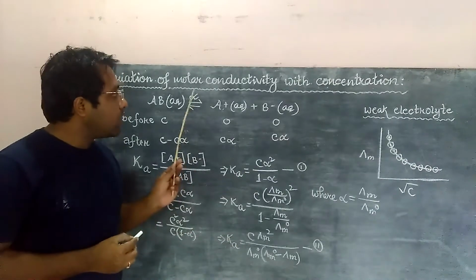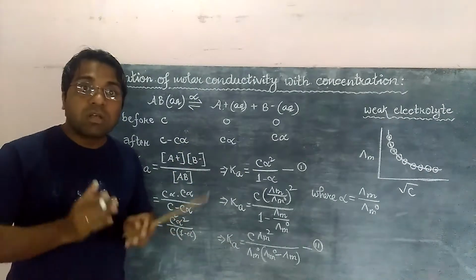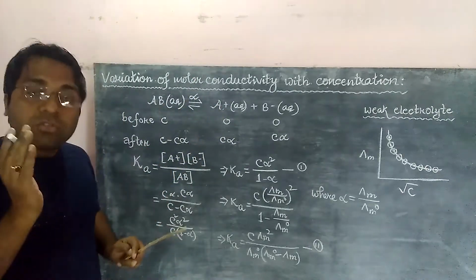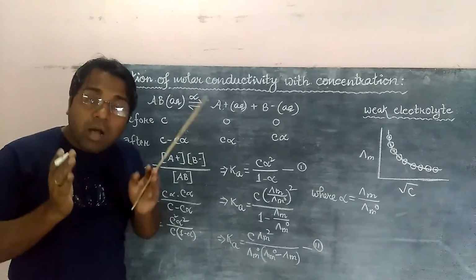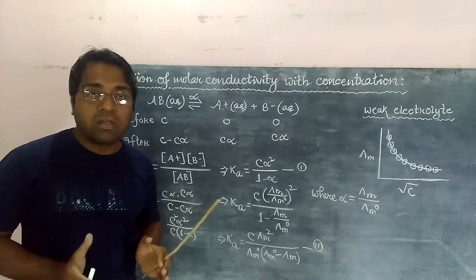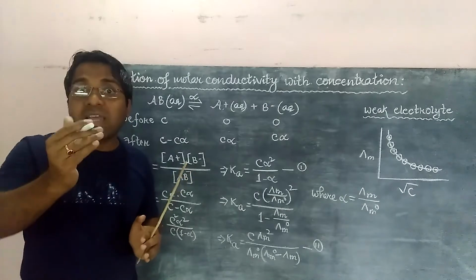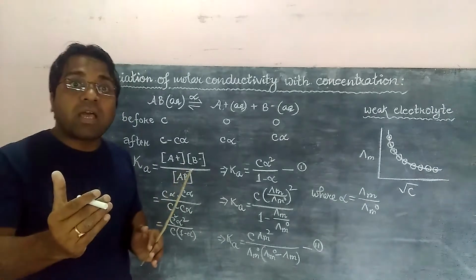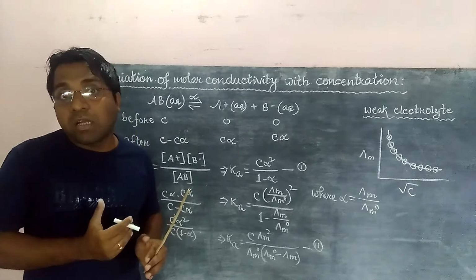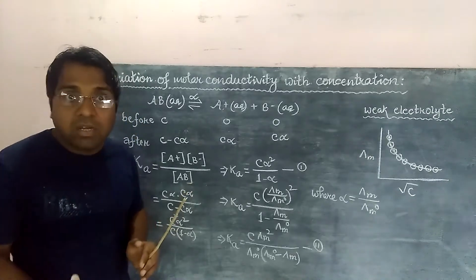Now, alpha is the degree of dissociation, meaning how much fraction of ions are dissociated. So, depending upon the number of ions that are undergoing dissociation, and those ions are carrying the current, and those current-carrying ions are also responsible for the conductivity as well as the molar conductivity.